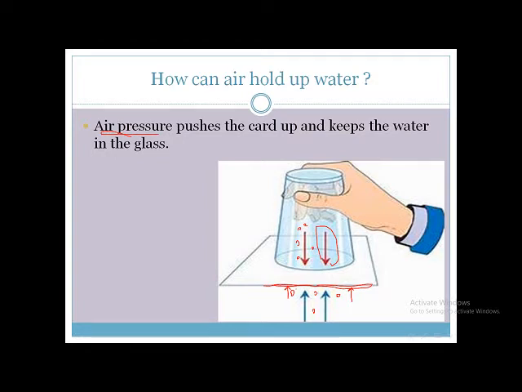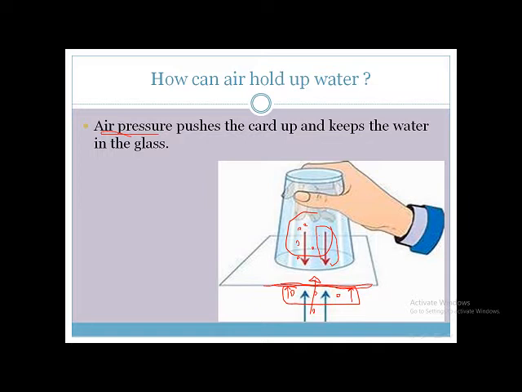So what happened here is that this particle collides with this card and collides with the water molecule, or the water particle. That means this air pressure will push the card up and prevent the water from falling down.